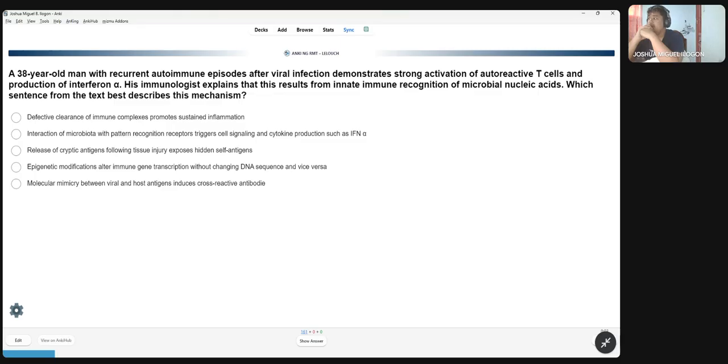A 38-year-old man with recurrent autoimmune episodes after viral infection demonstrates strong activation of autoreactive T cells and production of interferon alpha. His immunologist explains that this results from innate immune recognition of microbial nucleic acids. Viral infection.